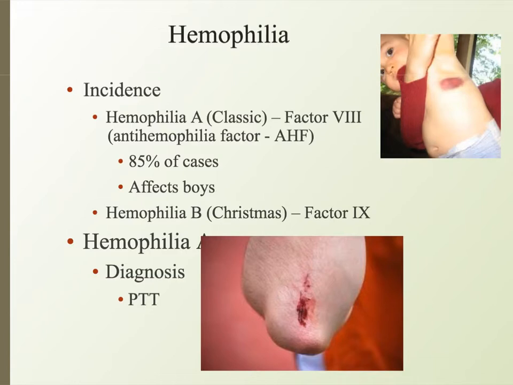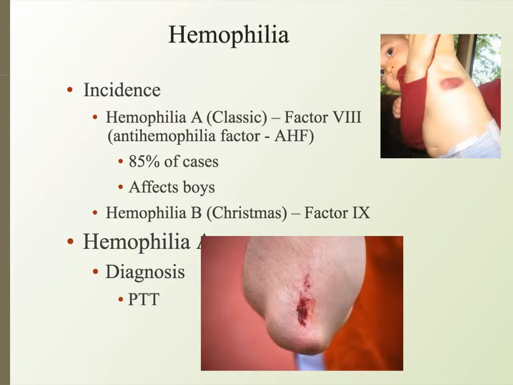So hemophilia A, which is factor 8 deficiency, or the anti-hemophilia factor, AHF, is what you may see it listed as. You have a decrease in this AHF in the patient's blood. So therefore it results in that increased severity of the disease process.